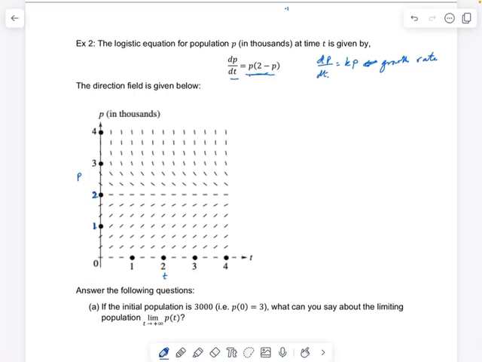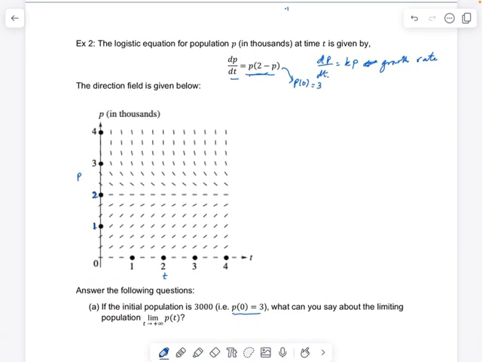Part A: if the initial population is 3,000, that means P of 0 is equal to 3. If we put it with the differential equation, this becomes the initial condition. So initially, if the population was 3,000, what can you say about the limiting population?